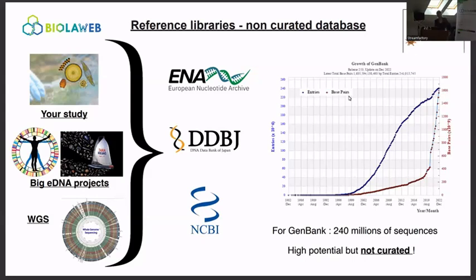And that comes from studies and DNA projects. For NCBI, it's more than 200 million sequences, but it relies on the taxonomy people gave at the beginning, so there can be errors.